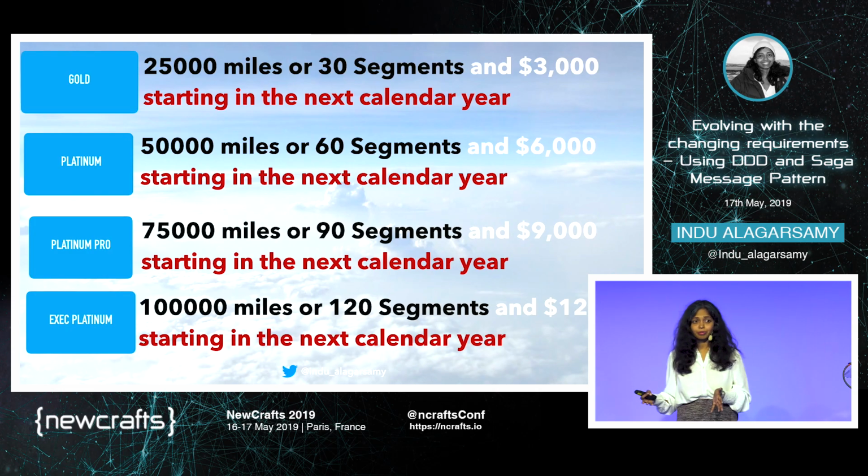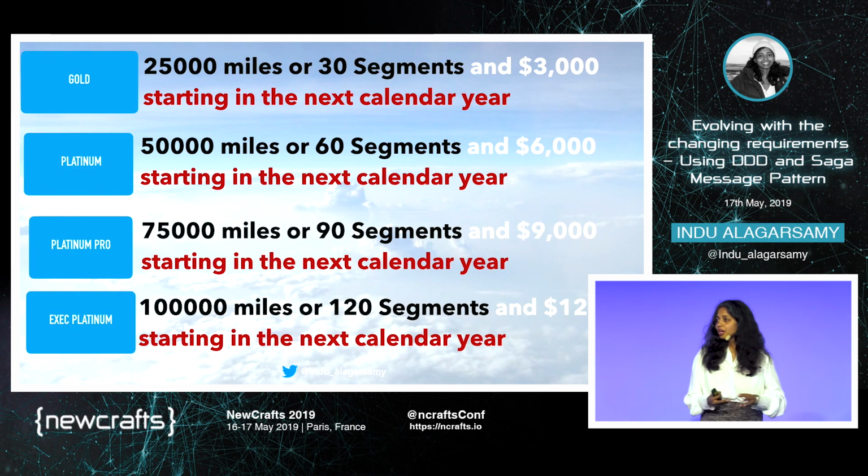Yes, the customer was promoted to gold. However, this doesn't really take effect until the next calendar year, right? So the person's paid all this money, but you can't just right away give him or her gold status on their next flight. It only kicks off in the next calendar year. So now you have to model that.